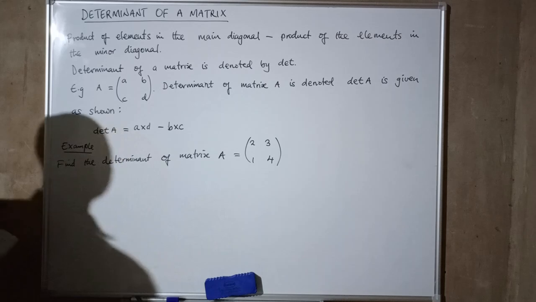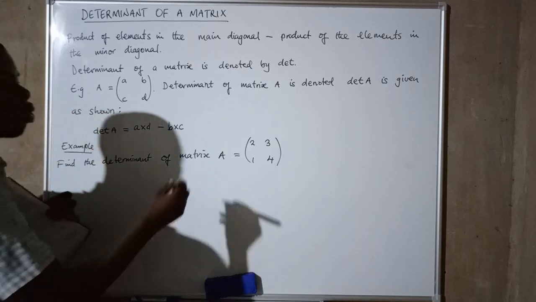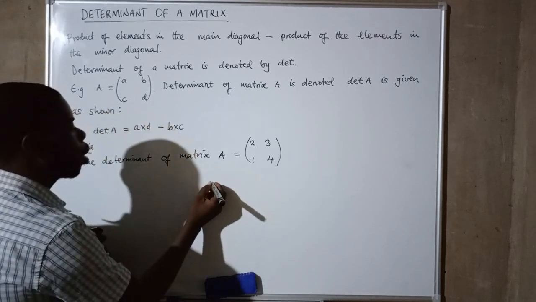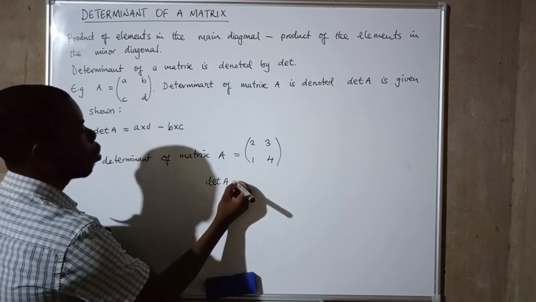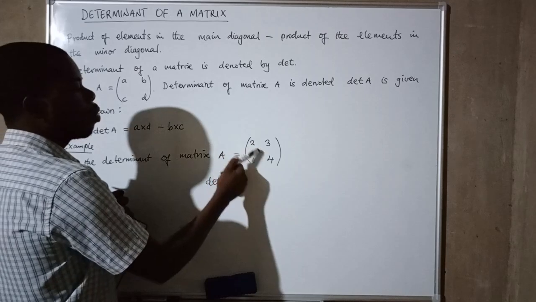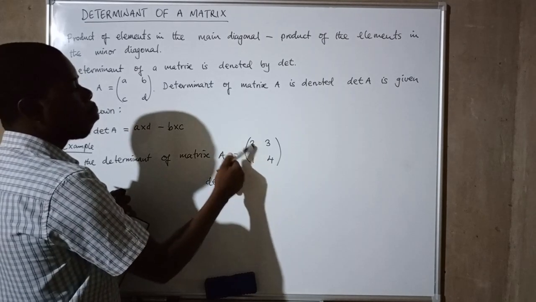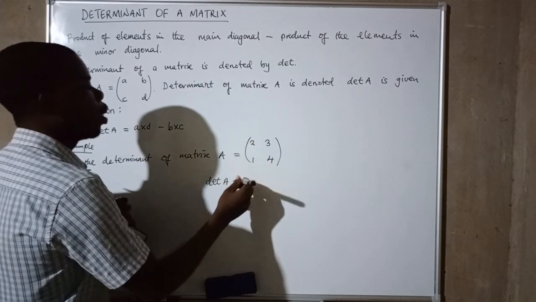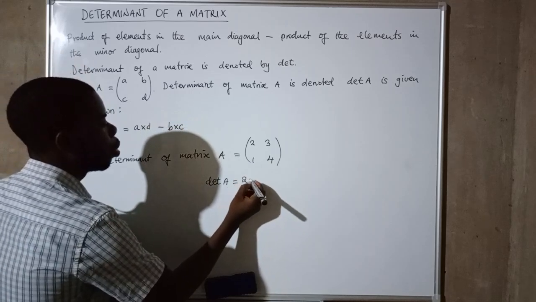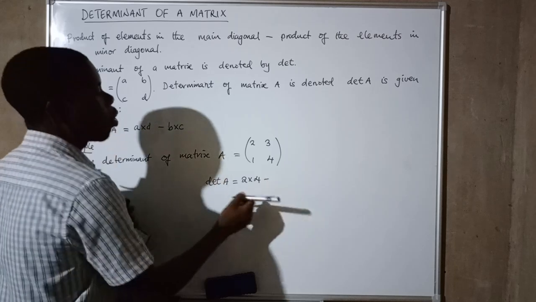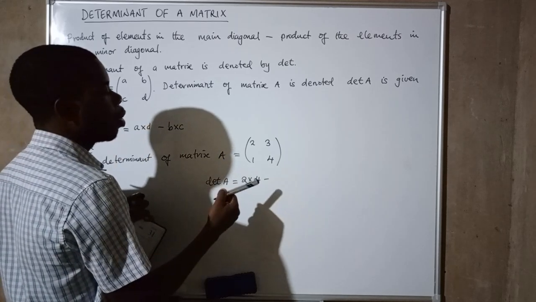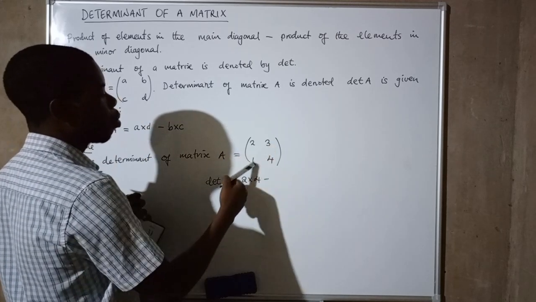How are we going to put it? In answering here, we just say determinant DET of matrix A will be equal to the product of elements in the major diagonal, which will be 2 times 4, then minus the product of elements in the minor diagonal, which is 3 times 1.